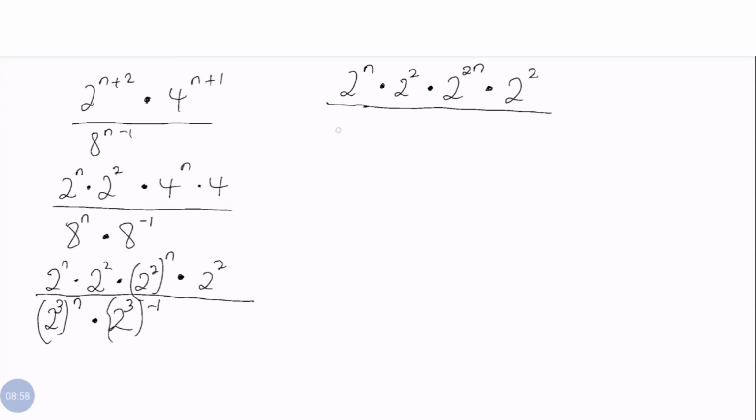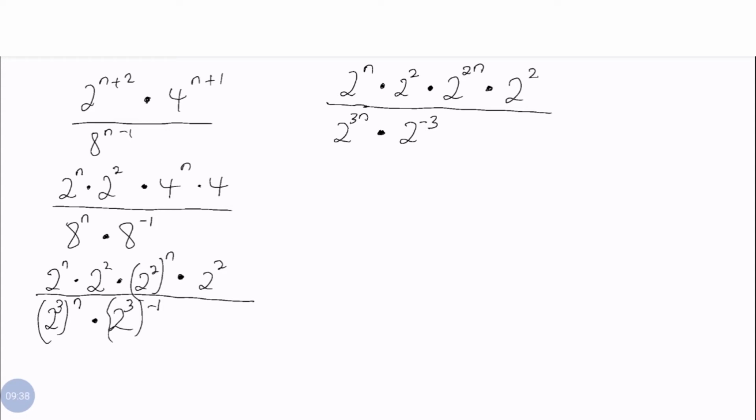So we have 2 to the power 3 times n, which is 3n, multiplied by 2 to the power 3 to the power negative 1. Here we also multiply the indices. We multiply 3 and negative 1. 3 multiplied by negative 1 is negative 3. So we will have 2 to the power negative 3.